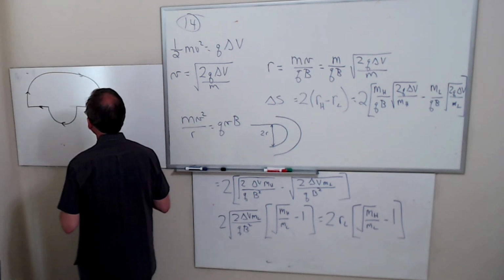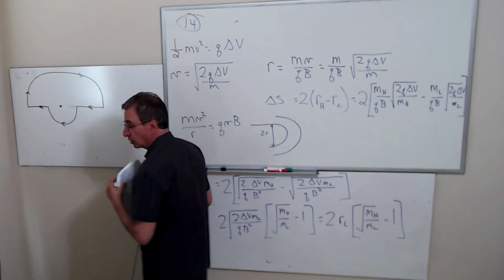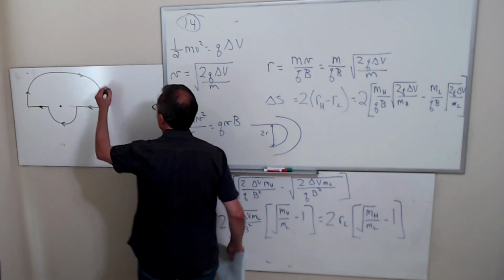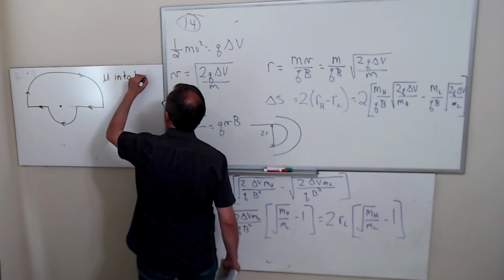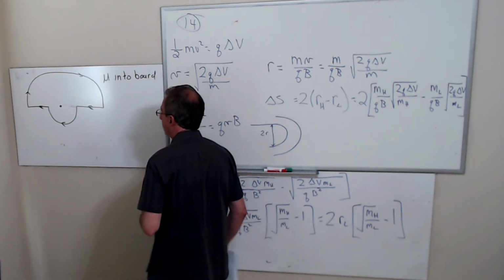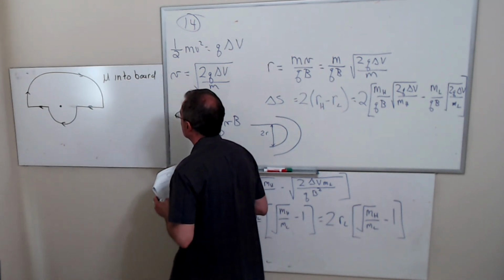Mu points into the board, right? Yeah, mu points into the board, if you use the right-hand rule. Is that just because of the direction of the current? Yeah. Then yeah, I agree.